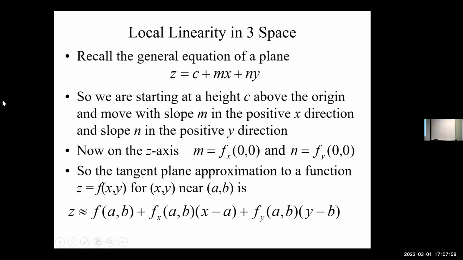All you need is the function at (a, b), the partial with respect to x at (a, b), the partial with respect to y at (a, b), and then the point (a, b). The only difference between this and Calc 1 is that you have to do both partials as opposed to just a single derivative. But now that we know how to do partials, this is something that we can do.